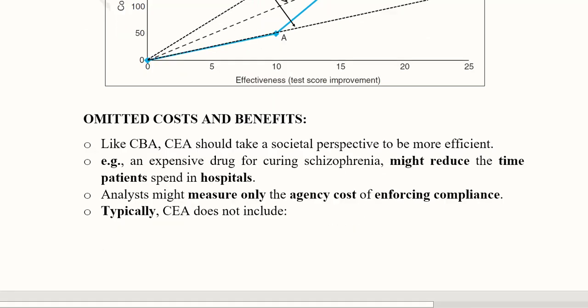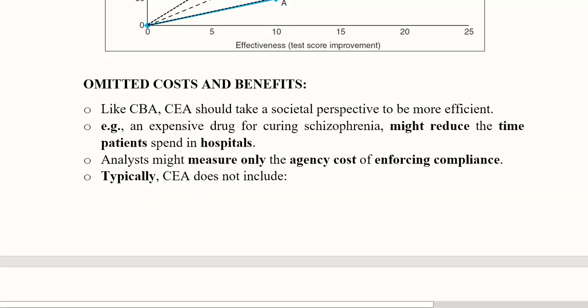For example, the CEA should also follow the convention of CBA, which tends to include the societal benefits in the costs. So this is something that should be done. For example, if we have a situation where there is an expensive drug produced to cure schizophrenia, and it can have the effect of reducing the time patients spend in hospitals.